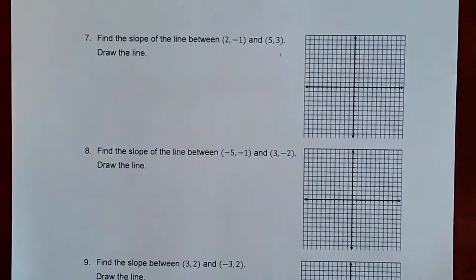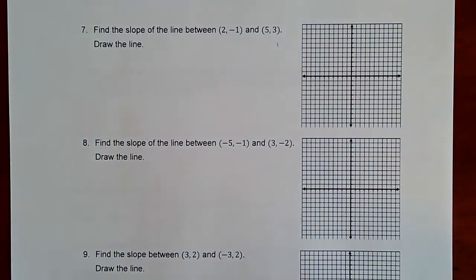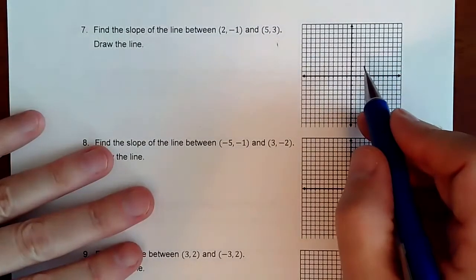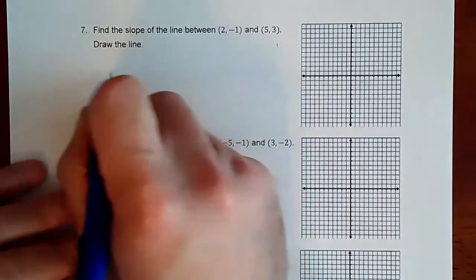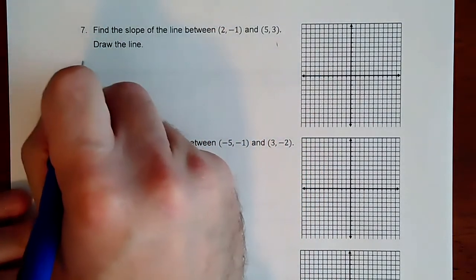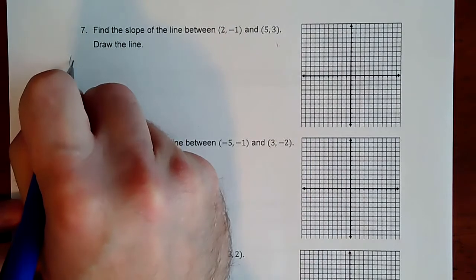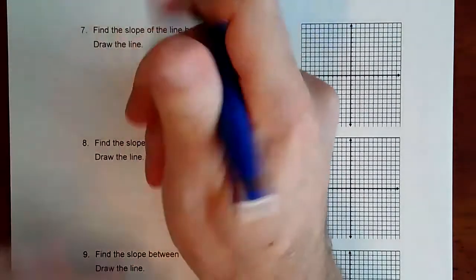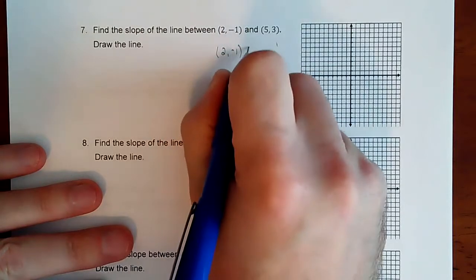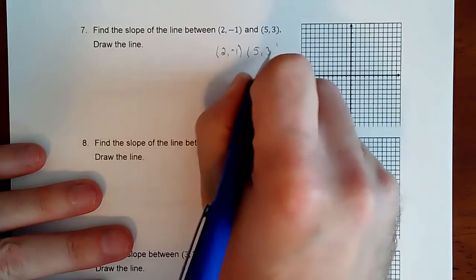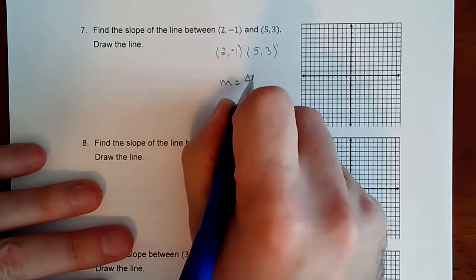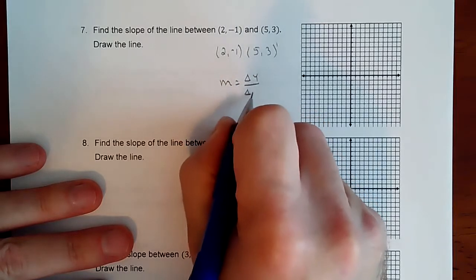All right, so to find slope, we can absolutely plot some points, but you don't always have a graph. So mathematically, the way that you can find your slopes: if we have our points 2, -1 and 5, 3, I can really just analyze the changes in your y's compared to the change in your x's.